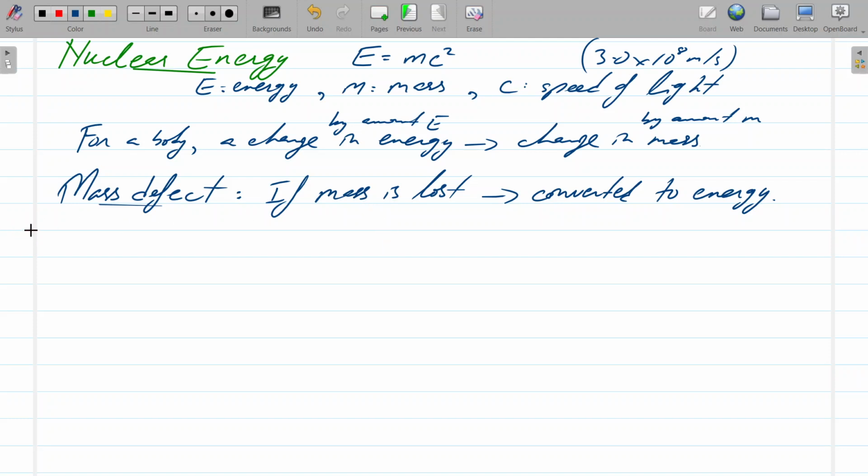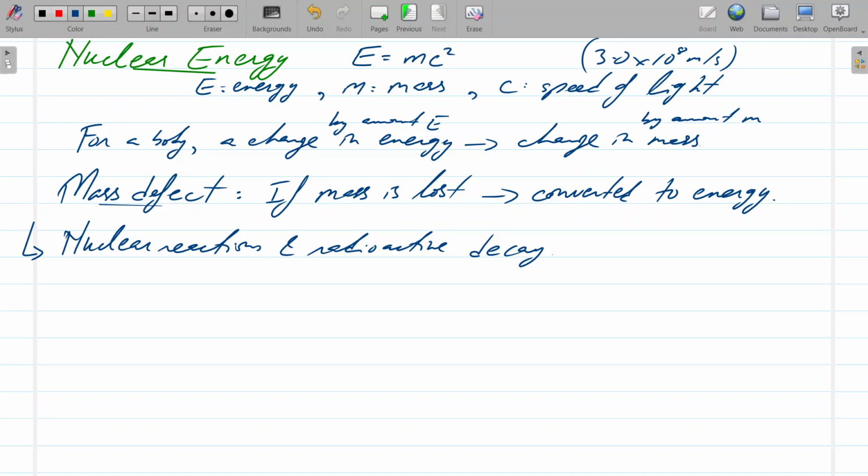This comes mostly into play when we're talking about nuclear reactions and radioactive decay. So that is where you really see this happen.